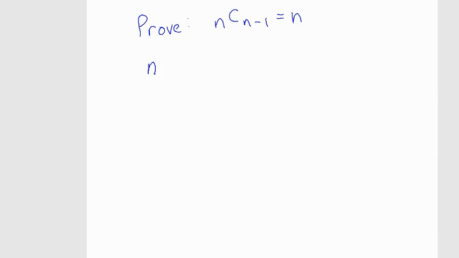Well, I'm going to set up n choose n minus 1. And proofs were always easy for me when there was a formula involved. So remember, again, the formula of n choose r is n factorial over r factorial times n minus r factorial. Okay. So using these numbers, n factorial is the same. But notice r in this case is n minus 1.